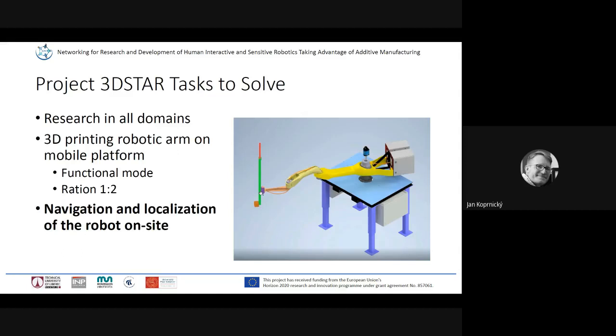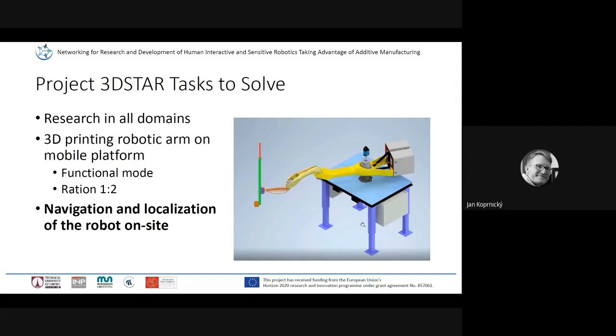Well, there are lots of tasks to solve too, so we will continue research in all domains, improving the software, mixture, and test bed. But the main goal of the project is to design the functional model of the robotic system in scale 1 to 2.